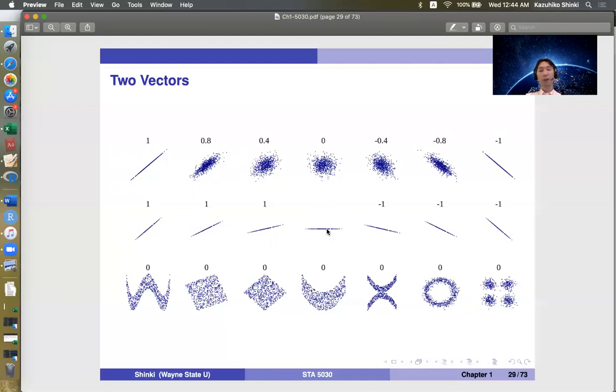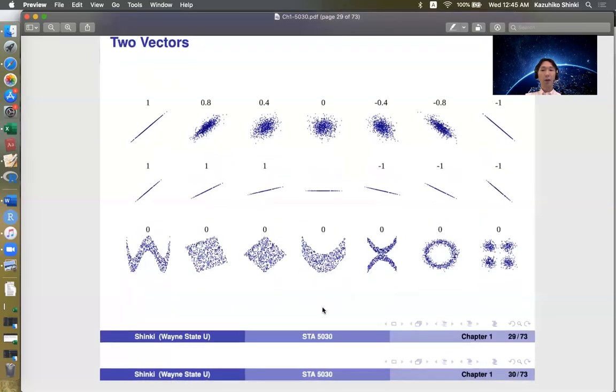So we cannot define it. And also, if all points are on a vertical line, we cannot define the correlation coefficient, because we cannot say a larger x tends to mean a larger y. So we cannot define the relationship between x and y.